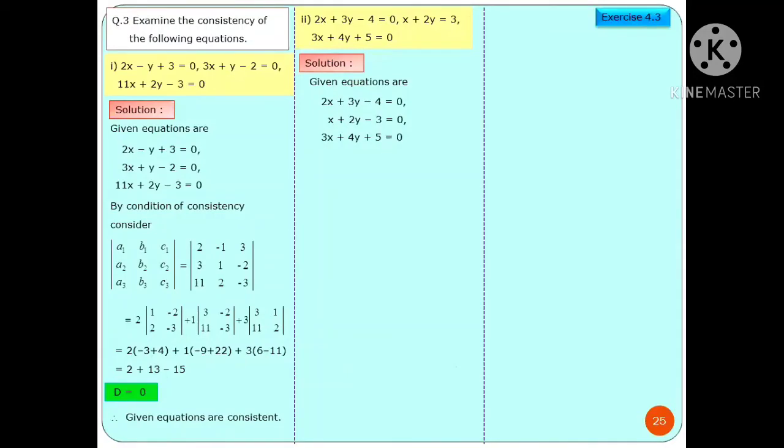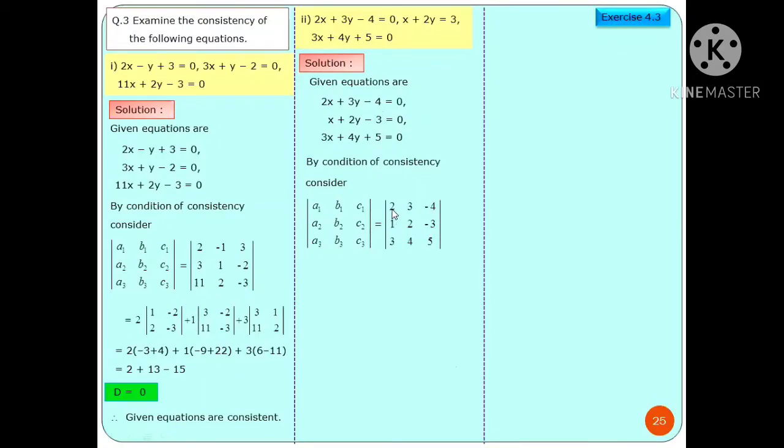By the condition of consistency, consider the determinant with the coefficient of x as the first column, coefficient of y as the second column, and the constant term in the third column. We get determinant D with 2, 1, 3 as the first column, second column 3, 2, 4, and last minus 4, minus 3 and 5.